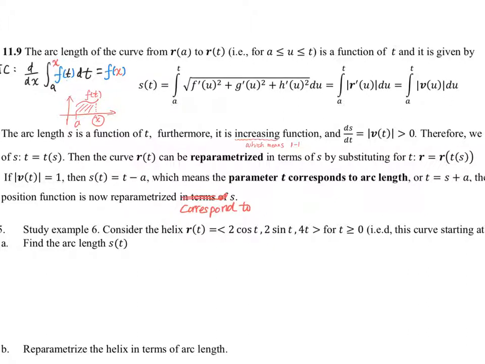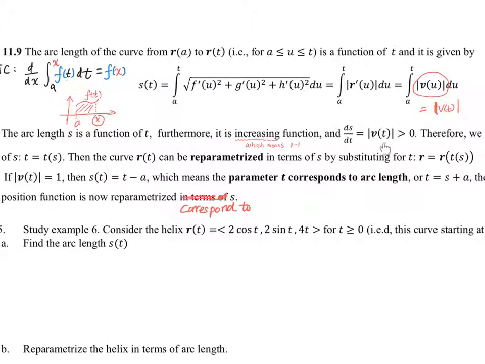So it will be equal to the function being integrated, this guy, right? So the length of v, and of course the variable is given in the upper limit, so it will be t. So this is another point to make. That's why ds/dt is just this function.